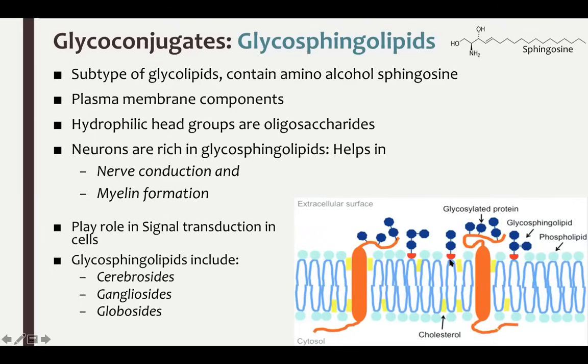The different cells maintain contact between them, and they transfer signals between them. This signal transduction is also maintained via glycosphingolipid. There are different types of glycosphingolipid found in our body, like cerebroside, ganglioside, and globoside.